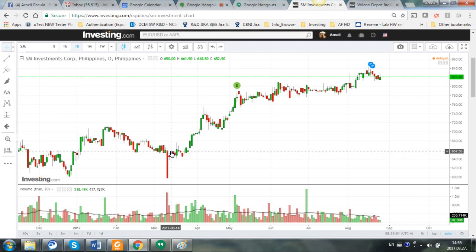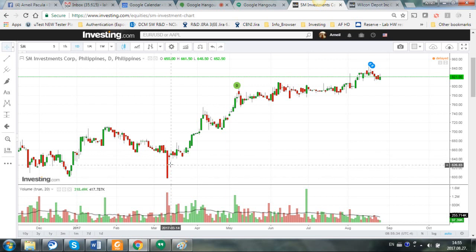Most of the time, stock prices are going low, kasi medyo nagpapakita yan ng change of fundamentals ng isang company. Medyo hindi maganda yung earnings. Medyo yung strategy na ginagamit ng company to earn money maybe not good. Or there was an issue that happened in that company. So that's why the stock price went down.